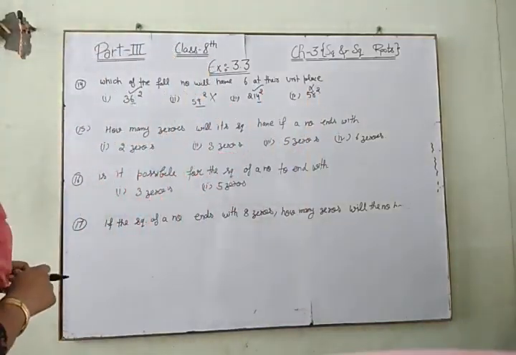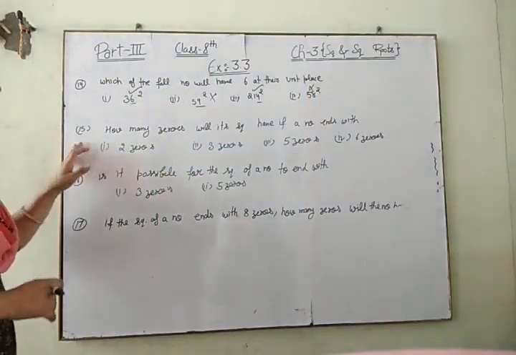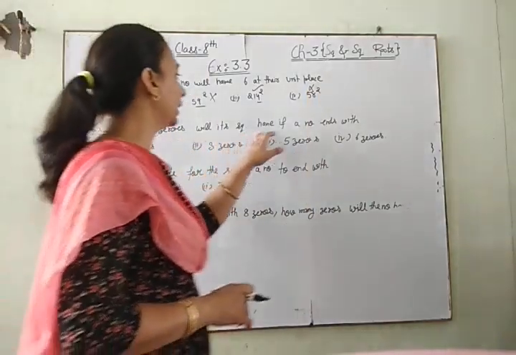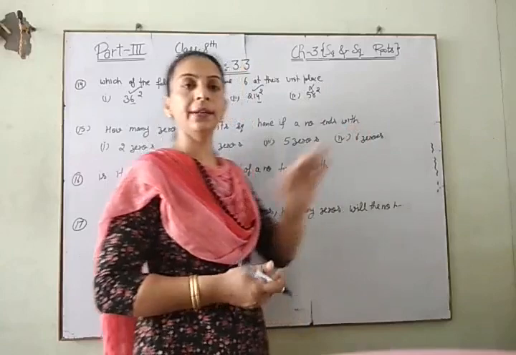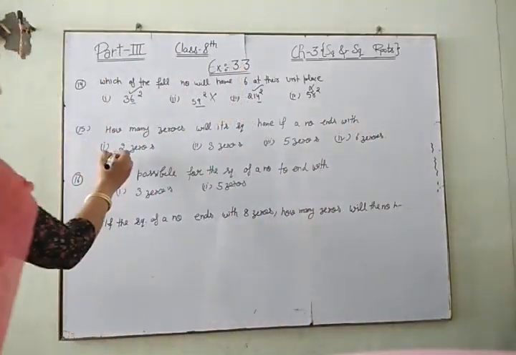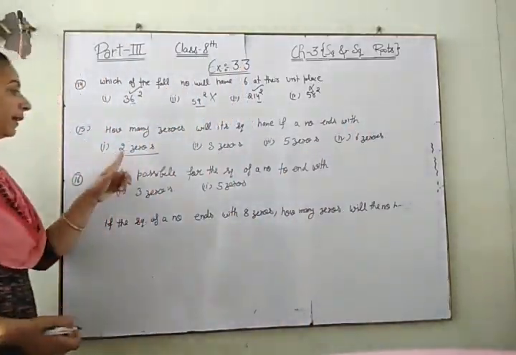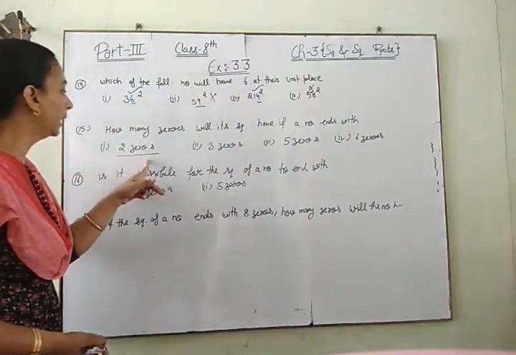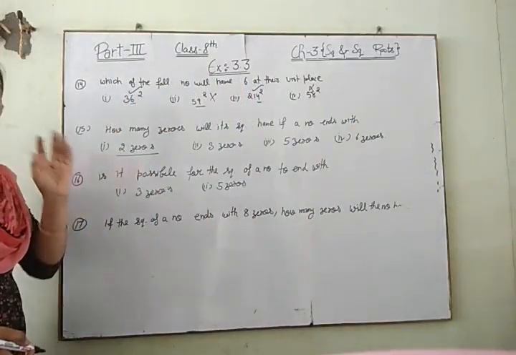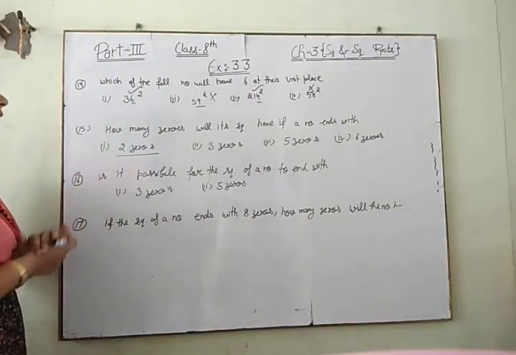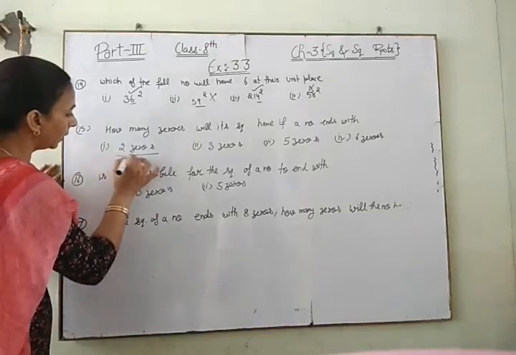Okay. Next is question number 15. How many zeros will each square have if a number ends with zeros? If a number ends with 2 zeros, then if we find the square of this type of number, the total number of zeros is 4.